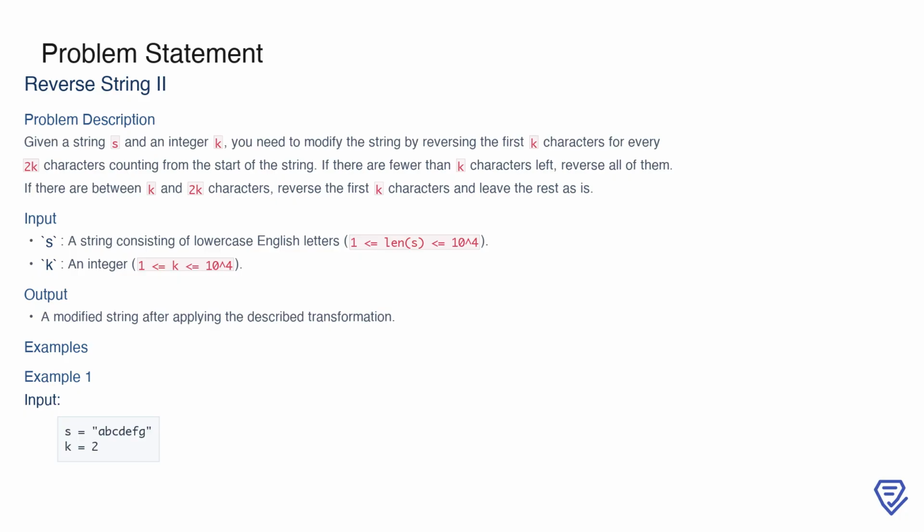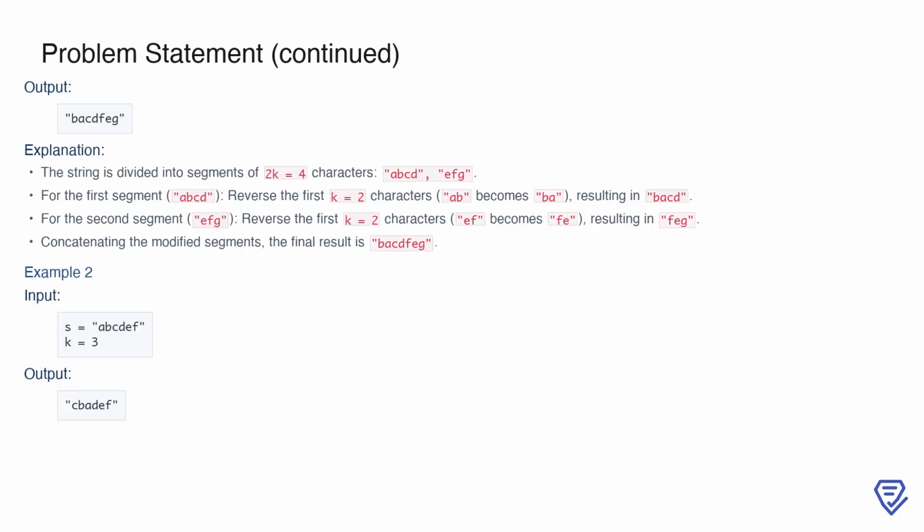The input consists of a string s, made up of lowercase English letters, and an integer k, both of which fall within the specified constraints. Let's explore some examples to better understand this transformation process. For the first example, we are given the input string s equals abcdefg and k equals 2. The string is divided into segments of 2k equals 4 characters, resulting in the segments abcd and efg.